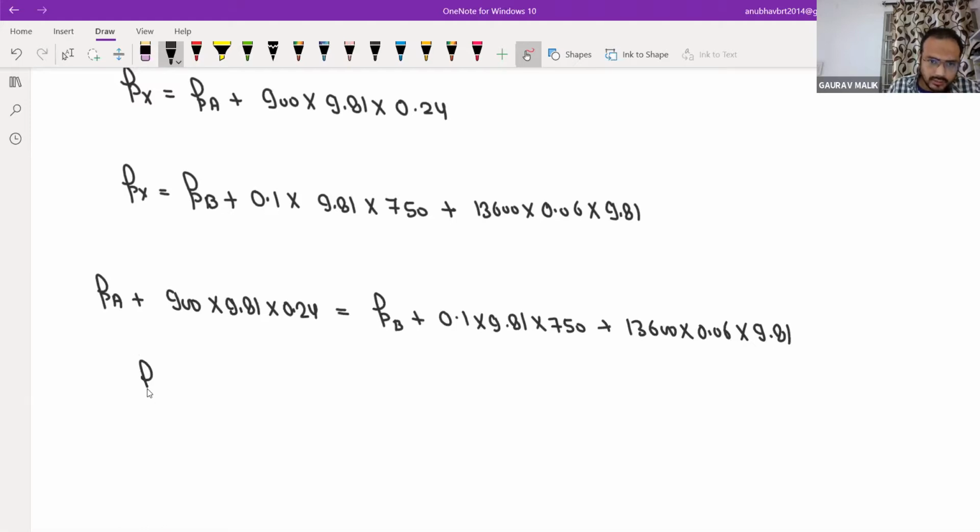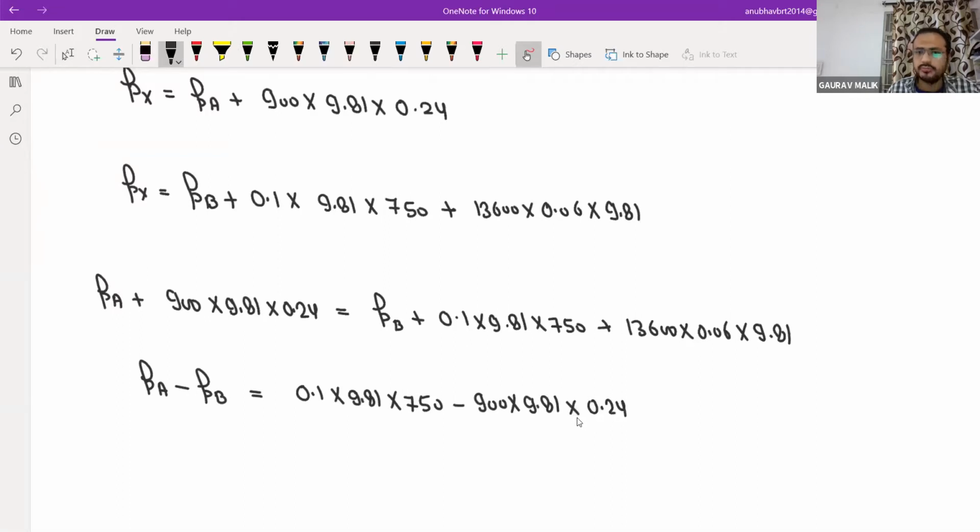You need to calculate PA minus PB. So that is 0.1 into 9.81 into 750 minus 900 into 9.81 into 0.24 plus 13,600 into 0.06 into 9.81.